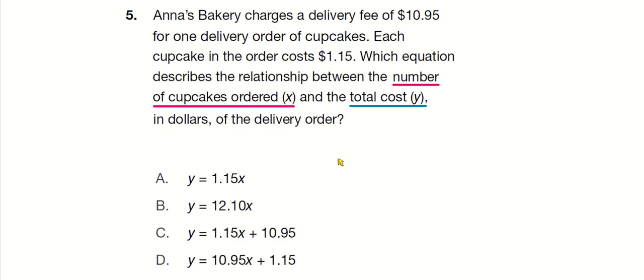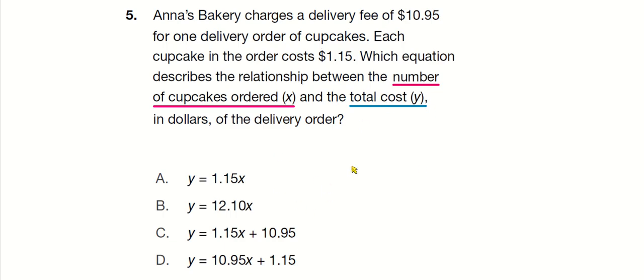But again, just as an example, this talks about Anna's Bakery charging a delivery fee for every order, and then also each cupcake in the order costs $1.15. This question could have easily been worded, if this was an AP precalculus question, as: model this situation with an equation, or write an equation that models this situation.